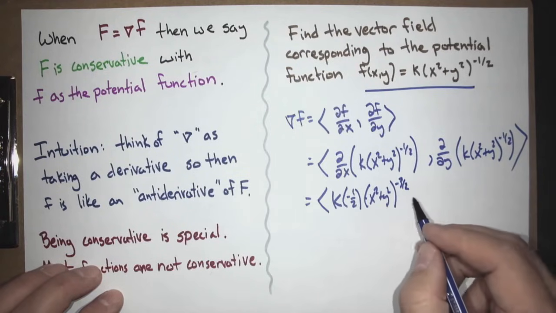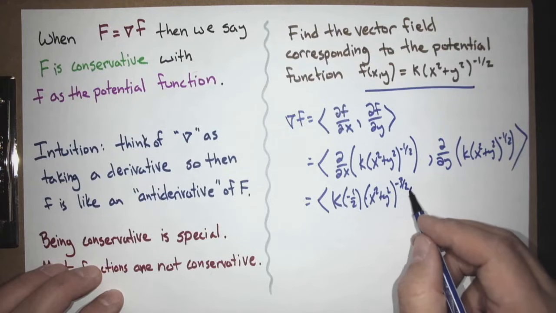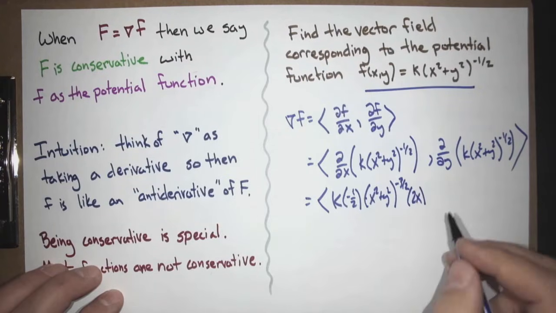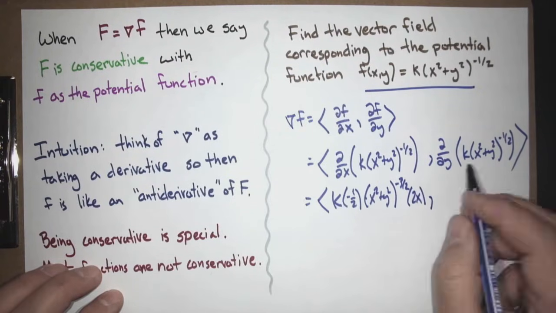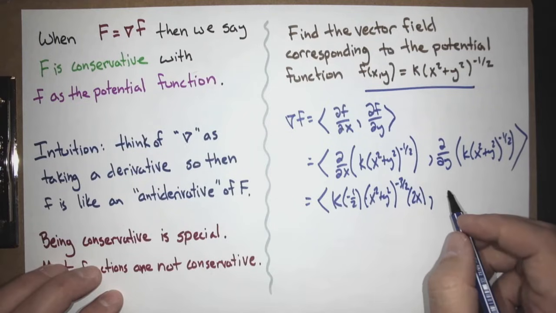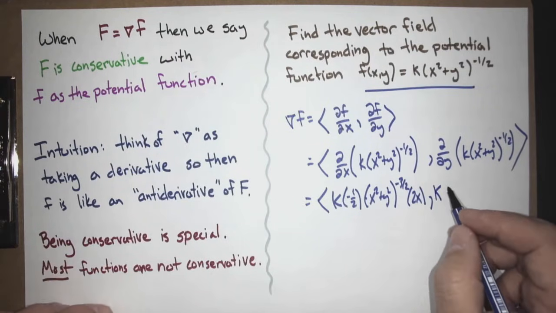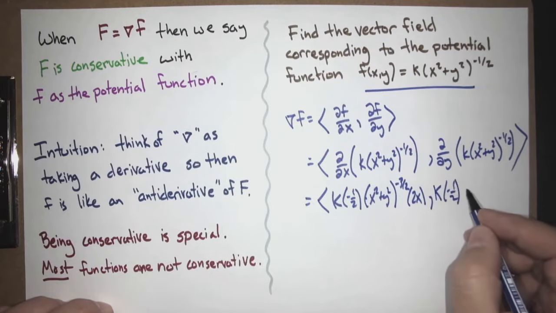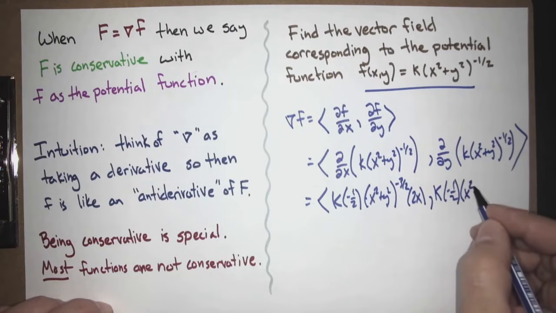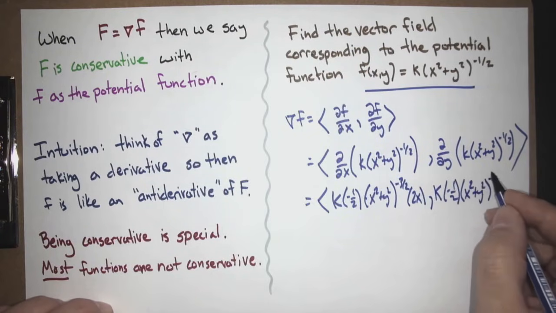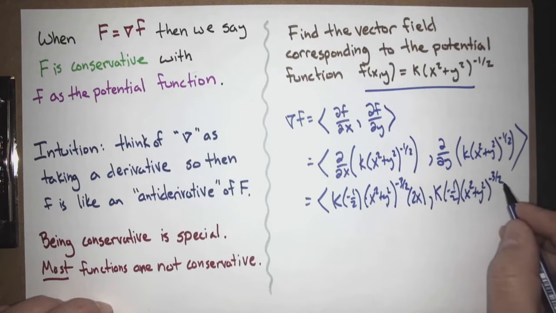Negative 3/2. And then? The 2x. So we do need the chain rule. Comma. What comes next? Negative 1/2, x squared plus y squared to negative 3/2, and 2y.